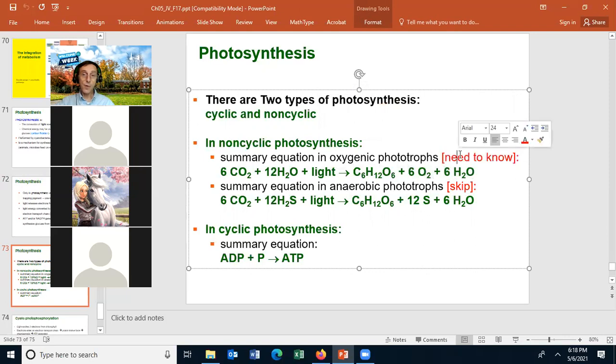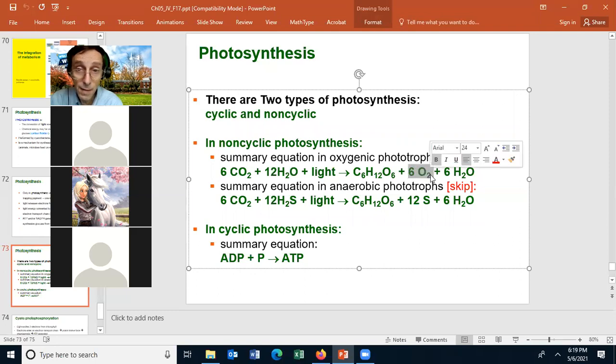You need to know this chemical reaction for non-cyclic photosynthesis, and you can subtract 6 water molecules here and 6 water molecules here, but I prefer showing all 12 because we look at where the 12 oxygen atoms come from in photosynthesis. All of the oxygen, the 12 atoms, come from the water.